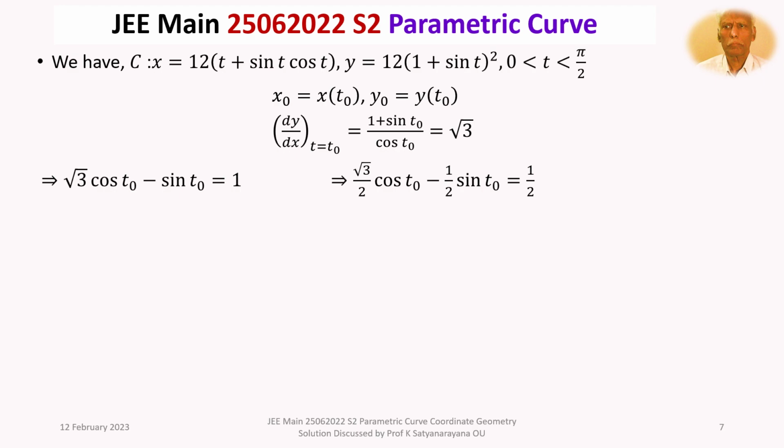That is √((√3)² + (−1)²), which is 2. So multiplying throughout by 1/2, we get (√3/2) cos t0 − (1/2) sin t0 = 1/2.